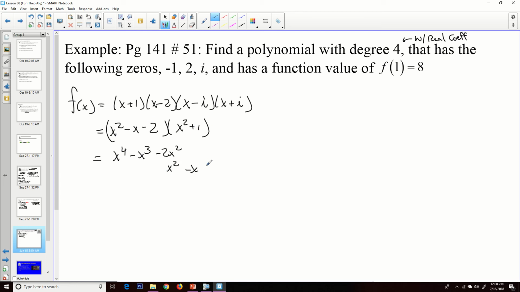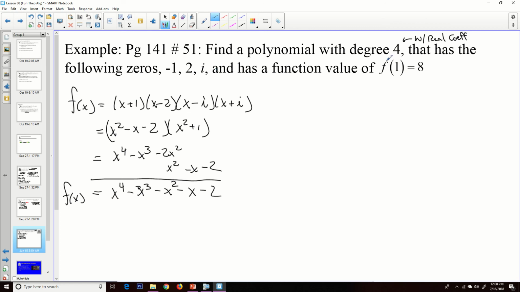And then negative 2 times 1 is negative 2, leaving me with my f of x currently as x to the 4th minus x to the 3rd minus x squared, minus x minus 2. And so I look at this and I say that that is a polynomial of degree 4 that has these zeros.